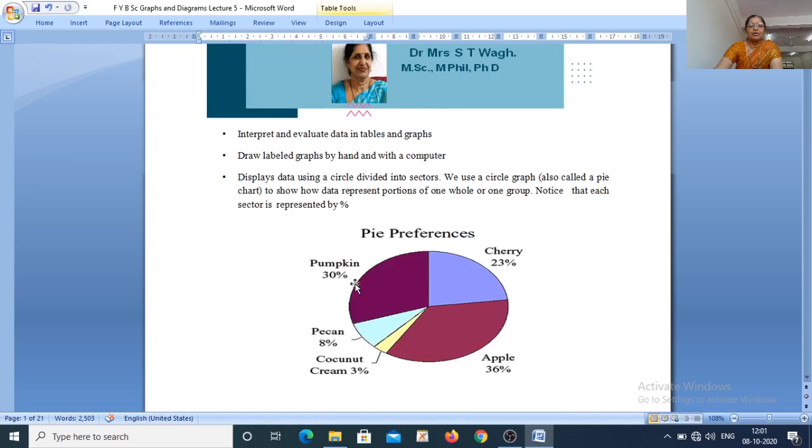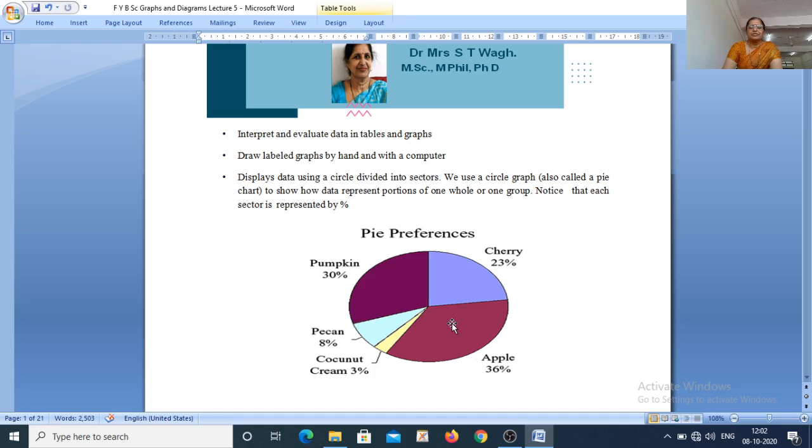I have taken one example. Suppose this is a pie chart. This pie chart is a circle. What do you mean by pi? Pi is a Greek letter, and all of us know pi from 7th standard. Pi is related to the concept of a circle. So a pie chart means dividing the circle into components, and these components or sectors are according to their percentage in the data set.